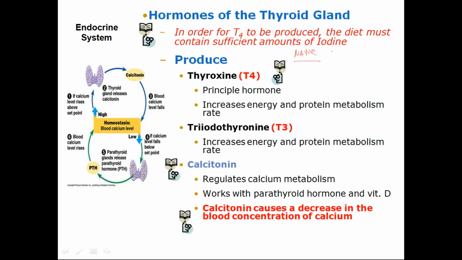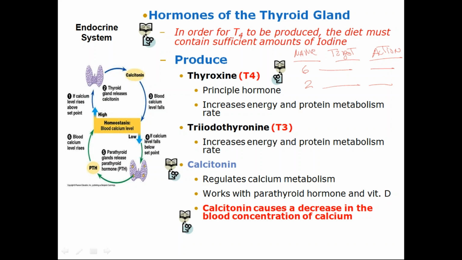Second, you need to know the target organ. And then you just need to know the action. So how many hormones do we have in the anterior pituitary gland? Six. How many hormones in the posterior pituitary gland, the posterior hypophysis? Two. You need to be able to recall that easily, okay?